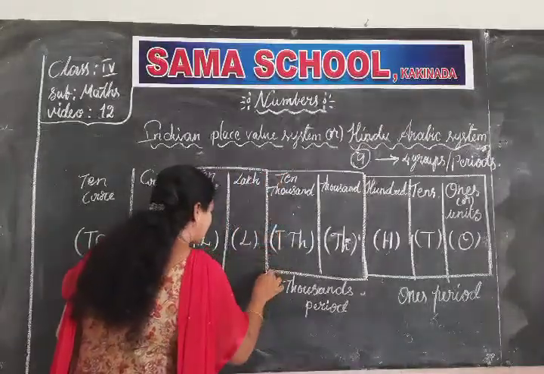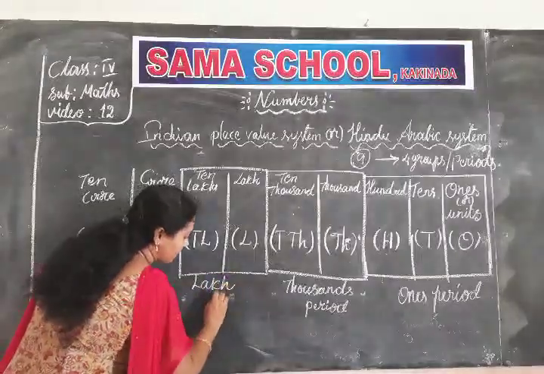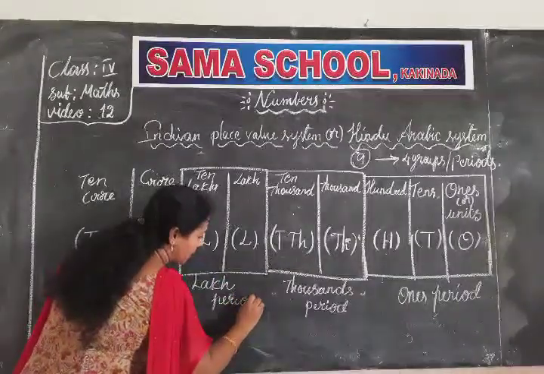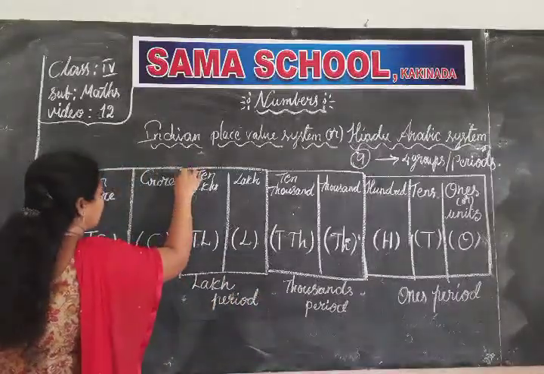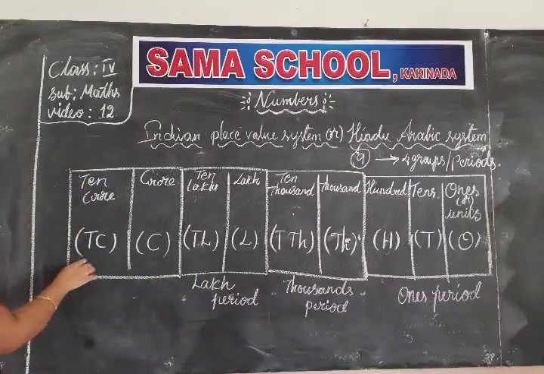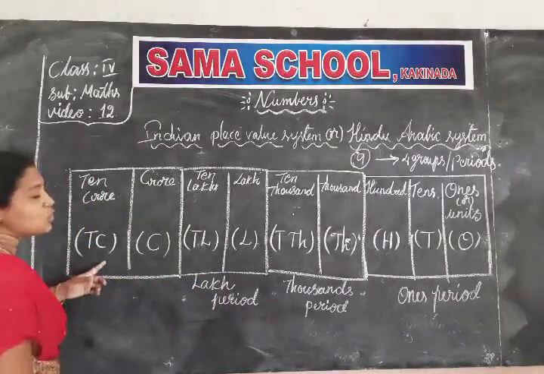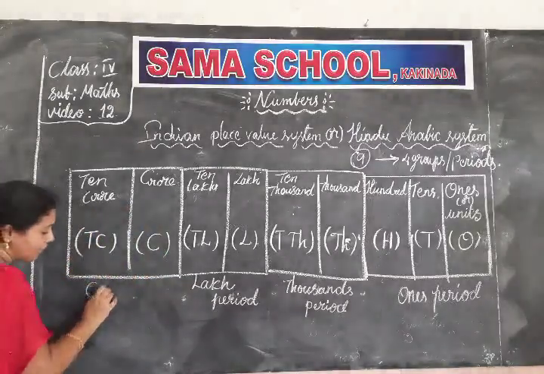These 2 places come under the lakh period. Next one and last one, the crores period. How many places are here? It has 2 places, crore and ten crores.